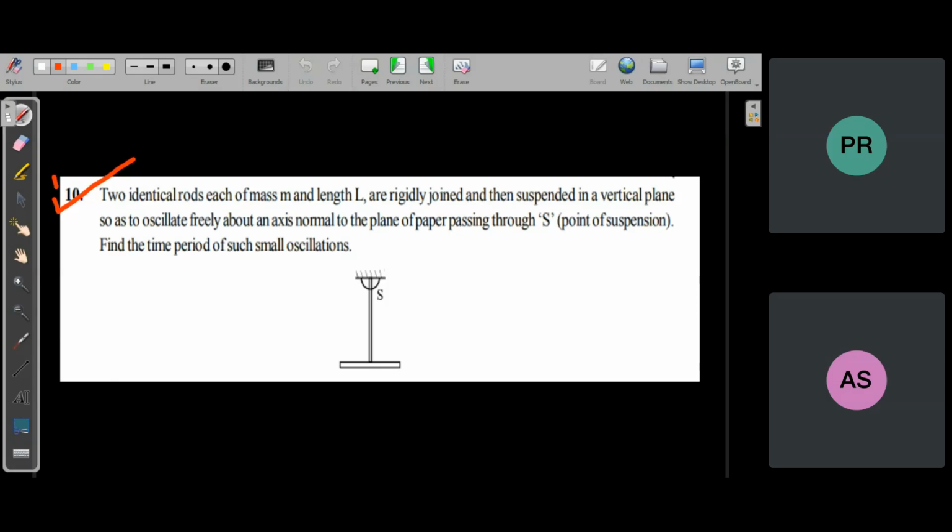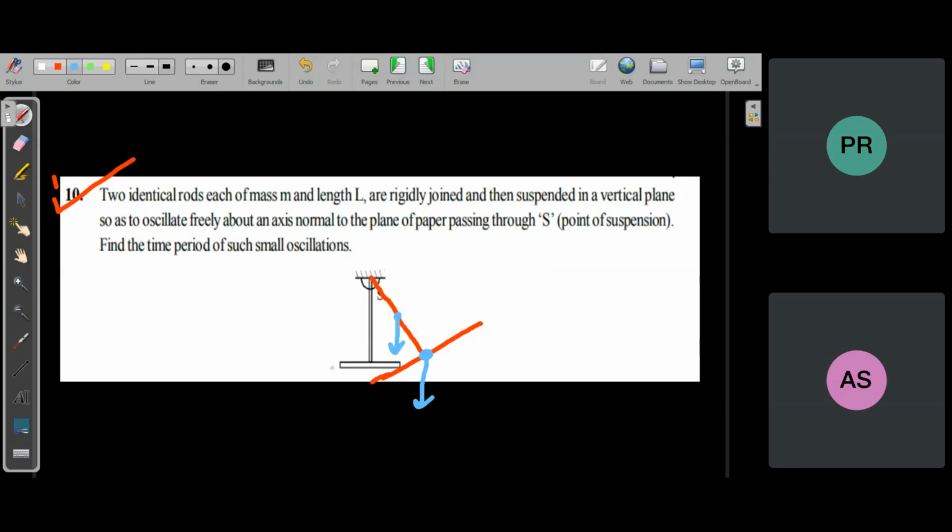Also, the torque that you are calculating, without finding the center of mass, you can also do it. If it is here, then this will be like this, right? And then two forces will be acting. One force will act here, and one force will act on its center of mass here.